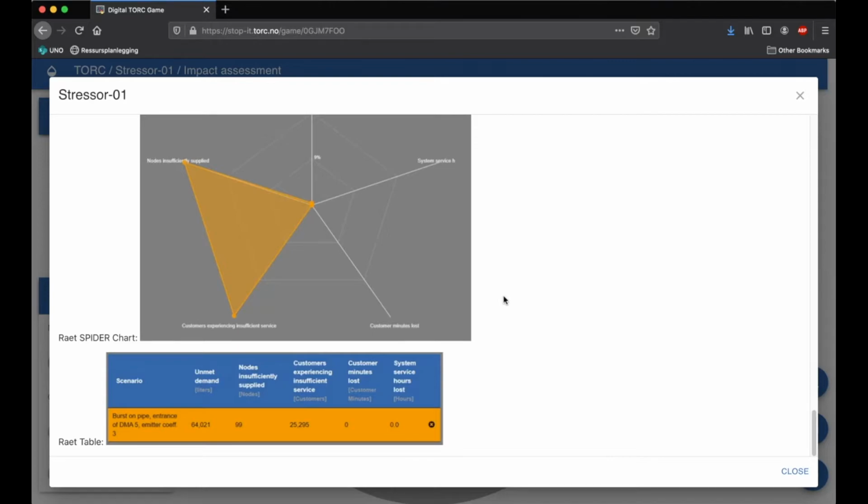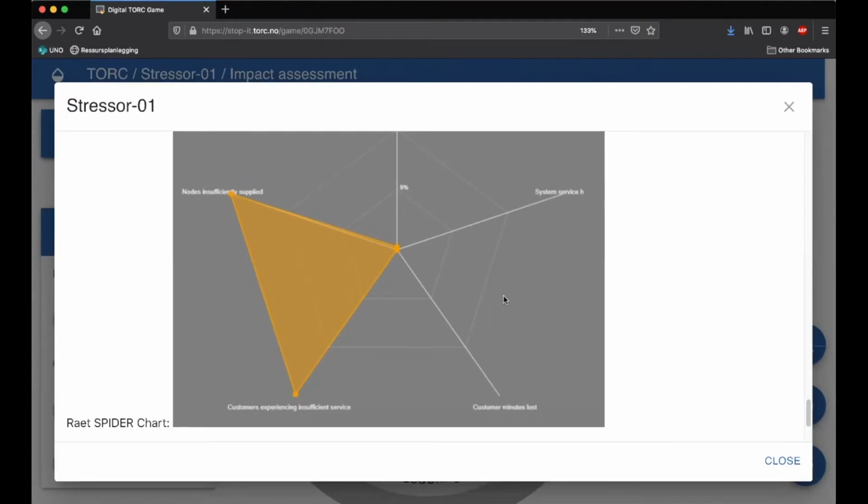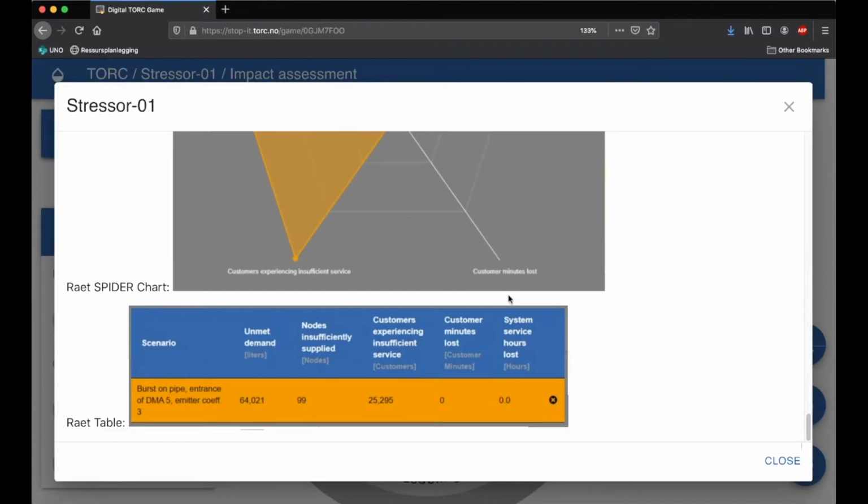So if you see the images and the additional information at the bottom, there are the parameters we are looking for. Because in the table, we have the unmet demand, if you can see it.